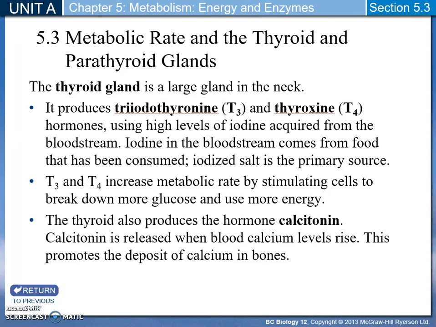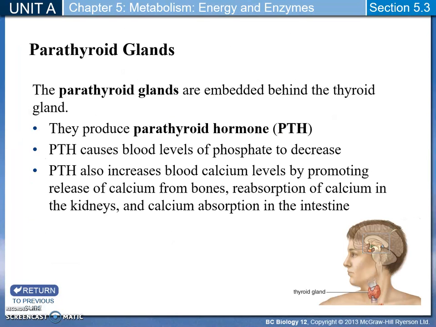The thyroid also produces the hormone calcitonin, and calcitonin is released when blood calcium levels rise, and this promotes the deposit of calcium in bones, and we'll look at that again in just a moment. So the parathyroid glands are embedded behind the thyroid gland, and they produce parathyroid hormone, also known as PTH.